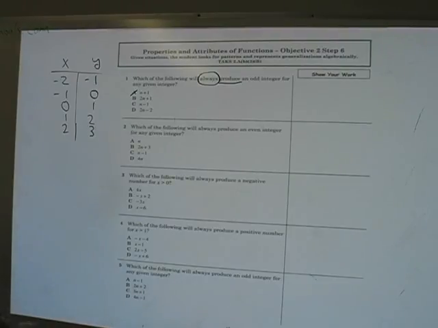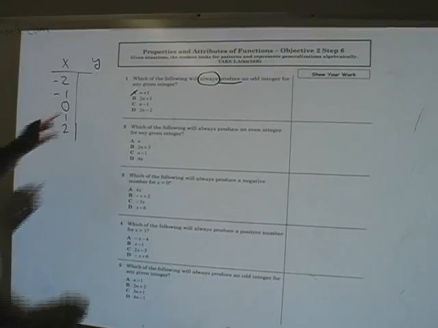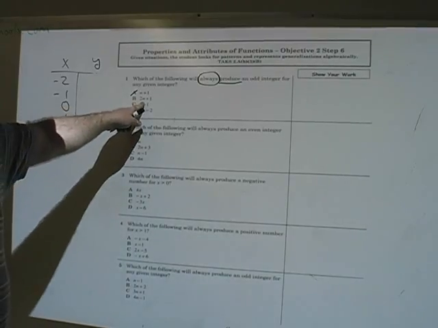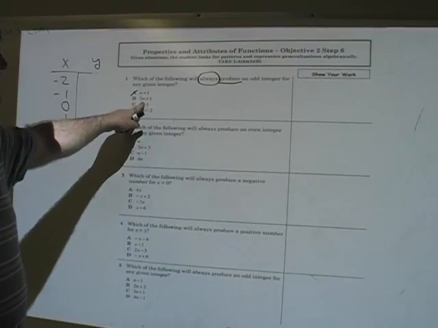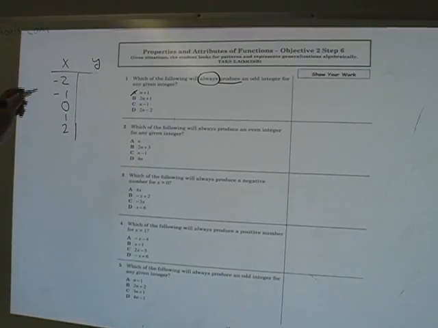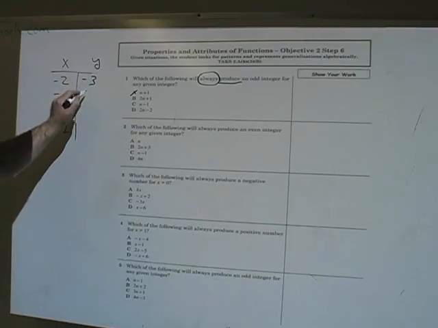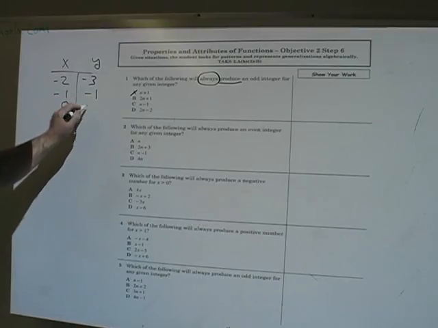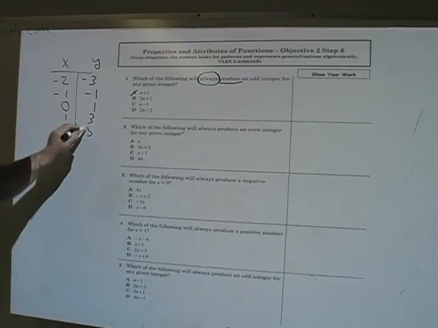2n plus 1. So now you're going to plug in and change the n to x. 2x plus 1. When you plug that in, you're going to get those values.